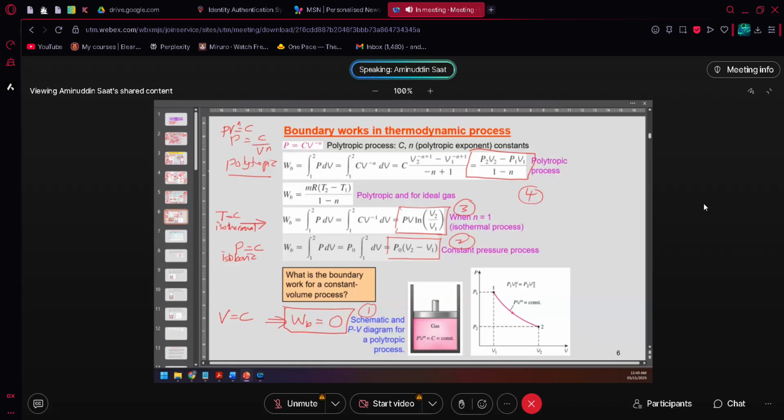Using this, you put it into the integration of PdV, and finally you have this equation. You don't need to remember this equation. Normally, the equation is given, or sometimes you can understand it from the derivation from the PdV with the PV relation.